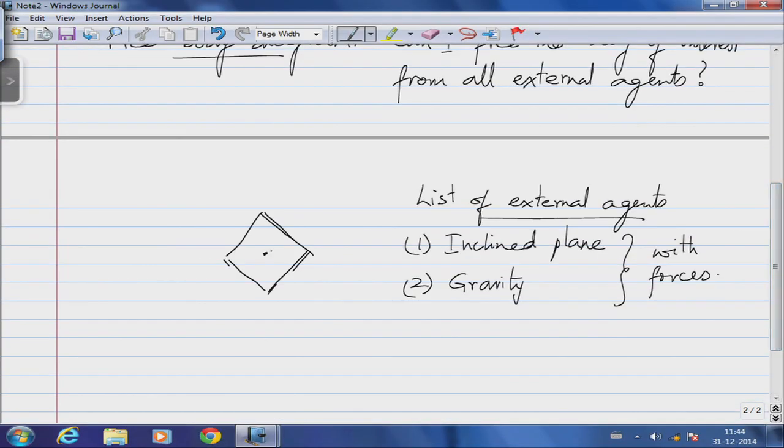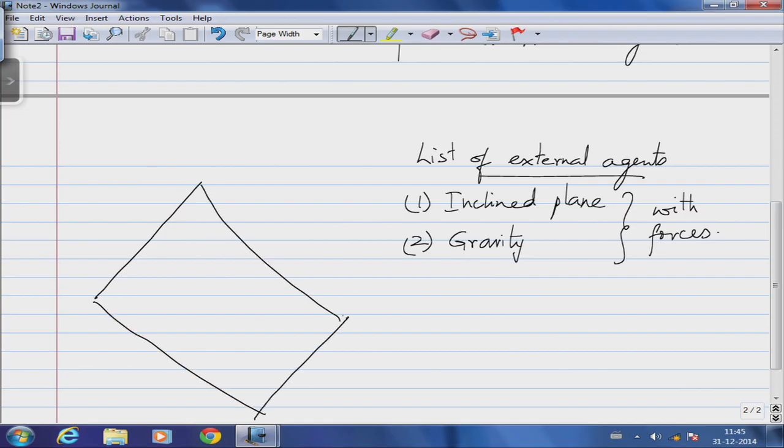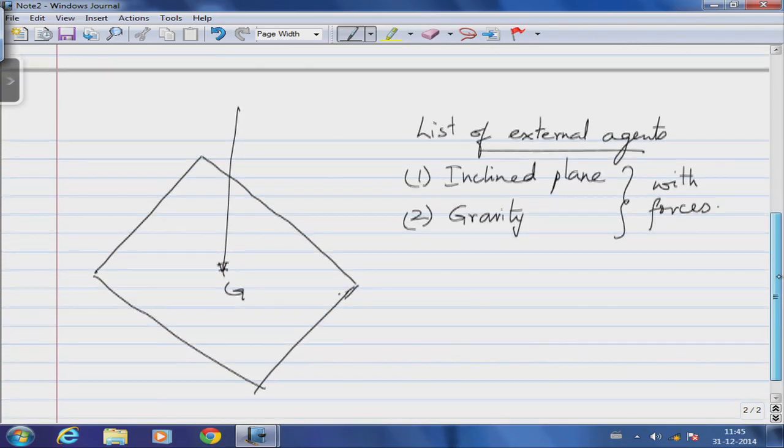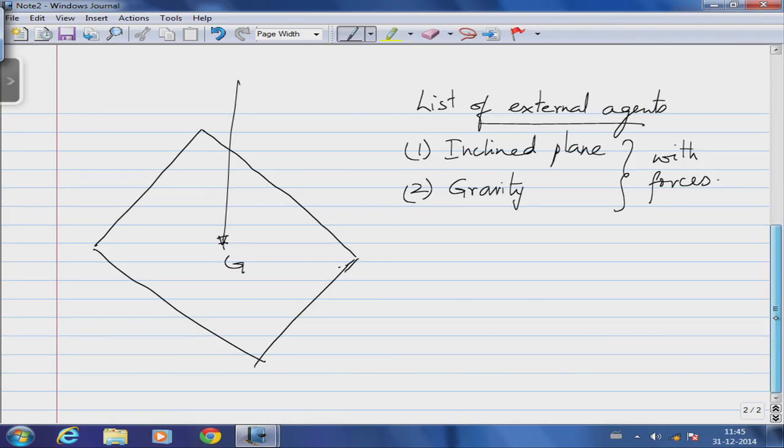I am going to mark the center of mass. Let me magnify this slightly, so I can indicate what I need to indicate. There is the first action, that of the inclined plane.